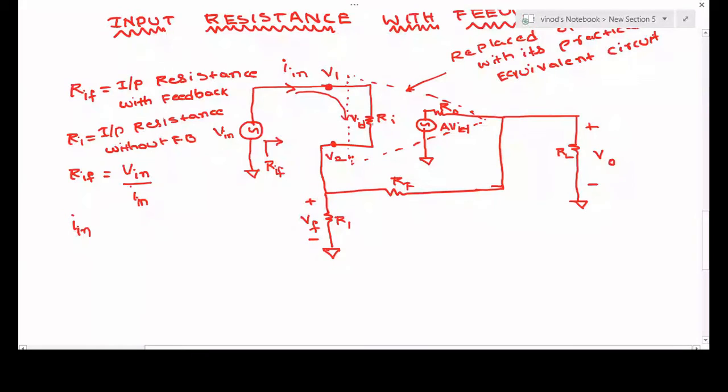So what is the voltage across this resistor? It is VID. The voltage across the RI resistance is nothing but VID.